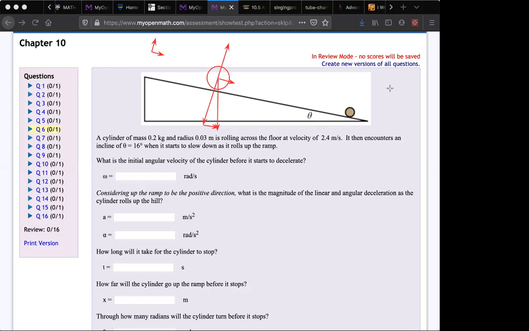So for the equation that we're going to set up, let me see if I can draw a decent equation here.